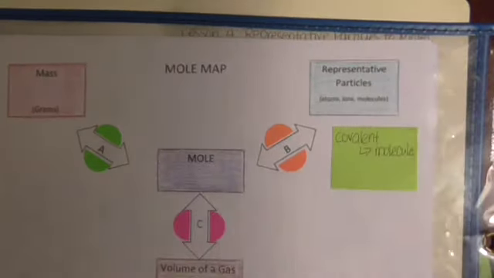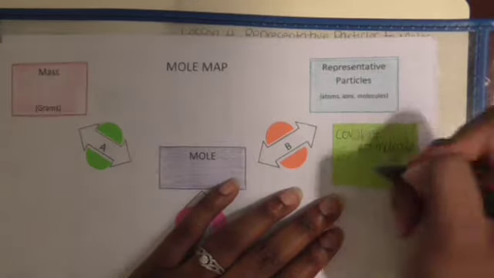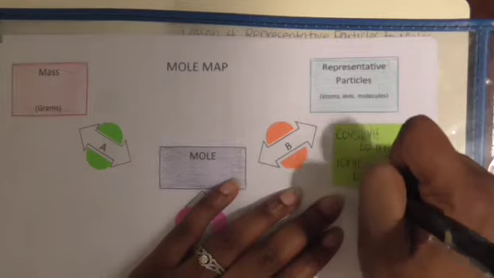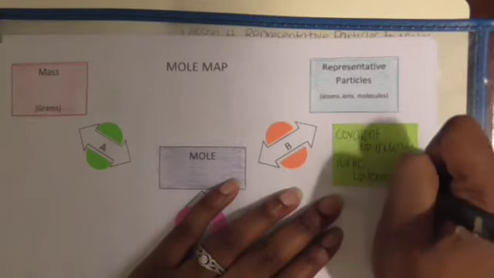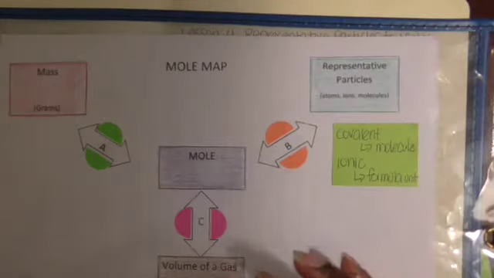But if we're talking about table salt, we technically aren't supposed to say molecule. For ionic compounds, we tend to say formula unit. So you'll see both of those words used regularly.